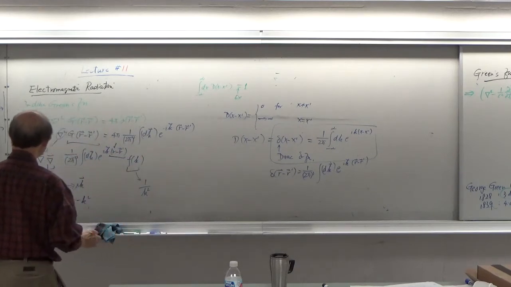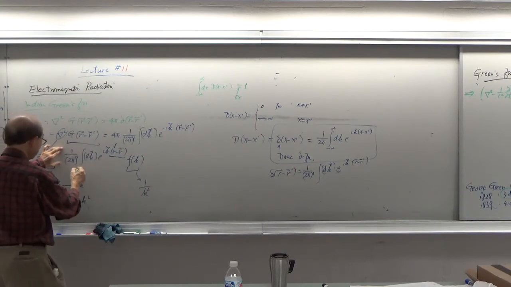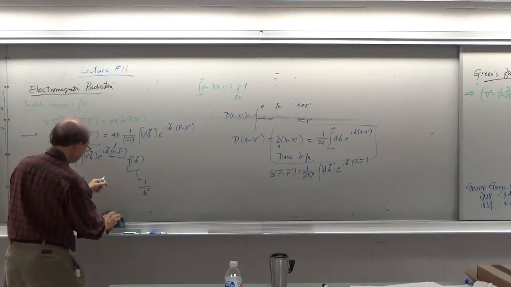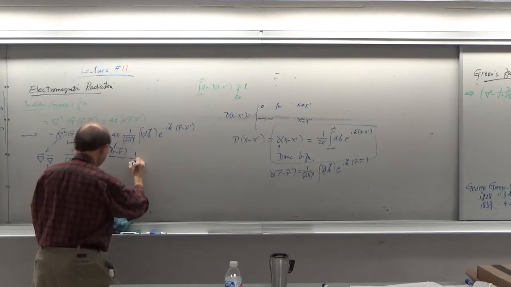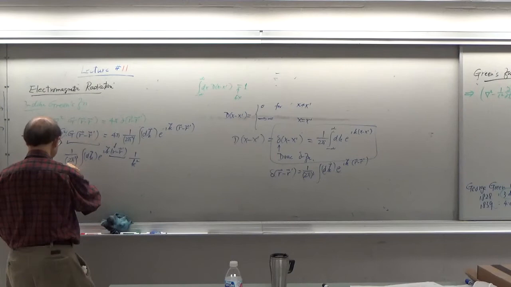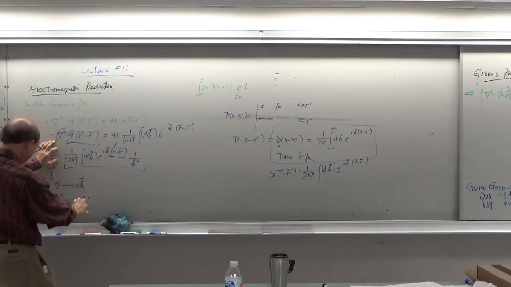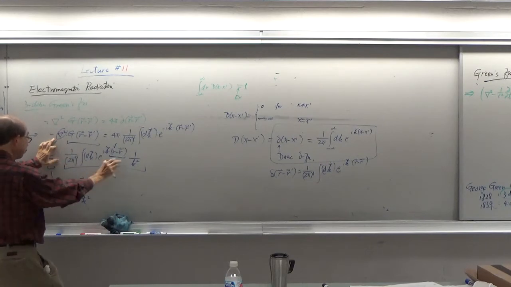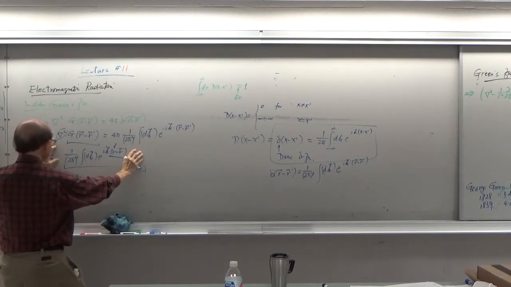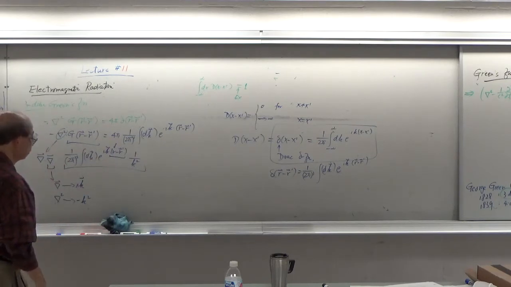Let's see what happens. When I take the derivative, let me substitute this 1 over k squared for the Green's function. Then this acting on this would bring down, as I said, minus k squared. Minus k squared cancels k squared, and the minus signs give plus, so it would give just this. Oh, what happens to the 4 pi? Just a moment.